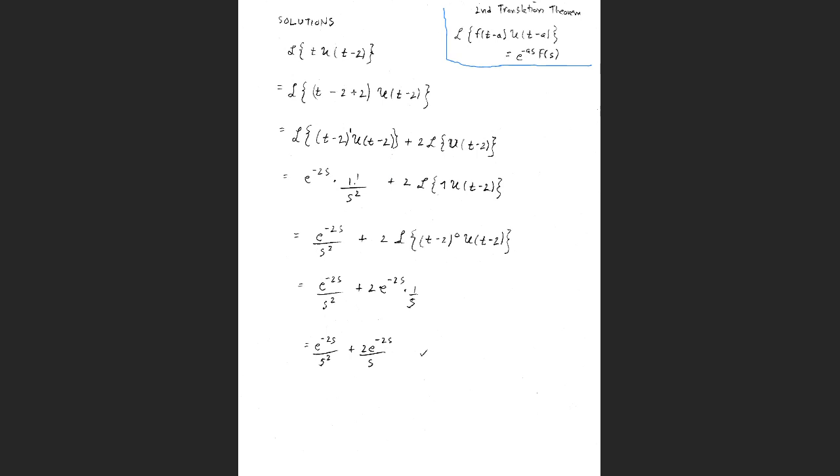The Laplace transform of a function defined by the function at t minus a times the unit step function at t minus a would equal e to the negative as times the big F of s function, which is just the Laplace transform of f of t.